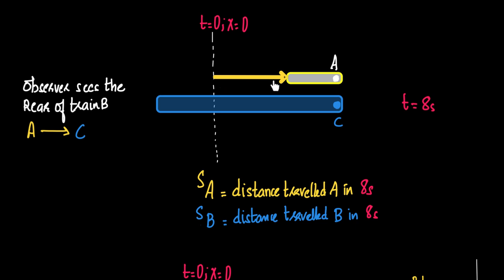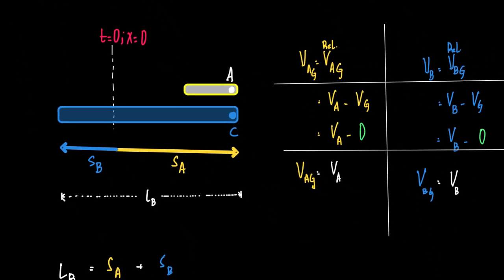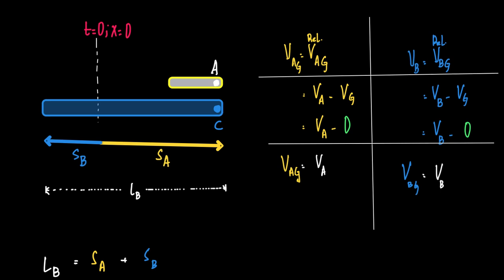So distance SA is this much, and similarly this length here would be SB. Now SA is the distance traveled in 8 seconds by A, and SB is the distance traveled in 8 seconds by B. So this is where we arrived earlier.